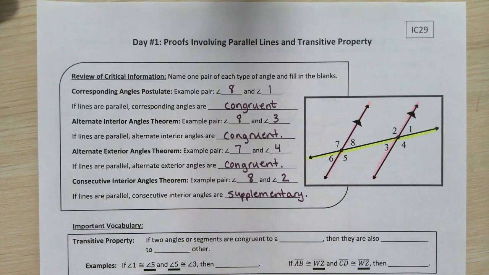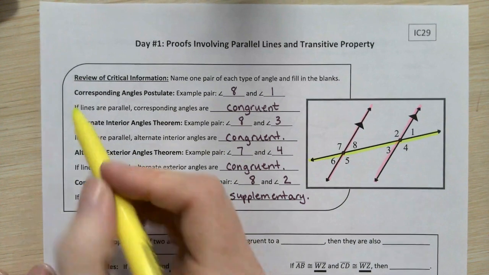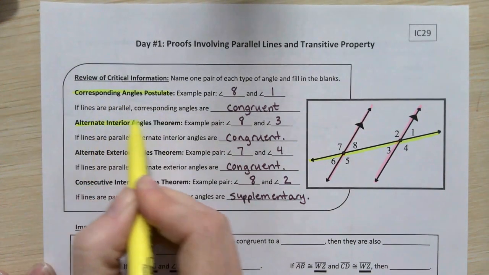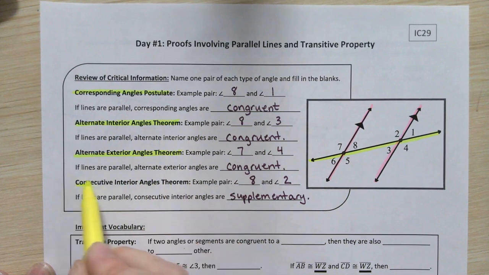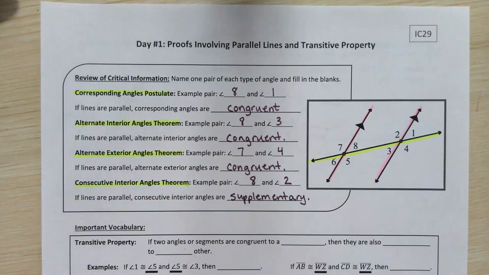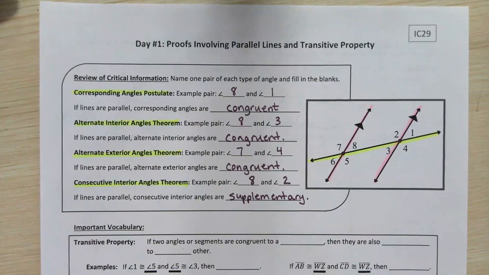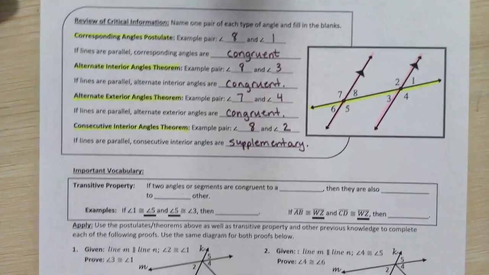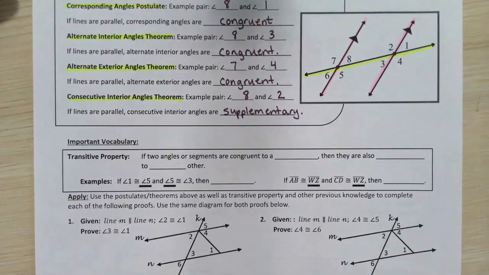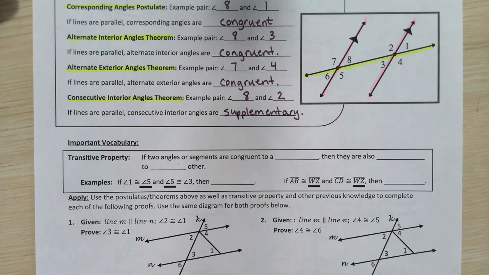So what we're going to do is we're going to recycle these 4 pieces of information that we already know from Standard 6, but we're going to use them in a different way now for Standard 7 because these are going to become reasons in proofs. There's one more important piece of information that we need to know, one more important vocabulary idea.